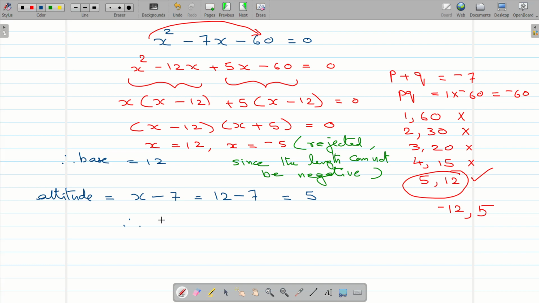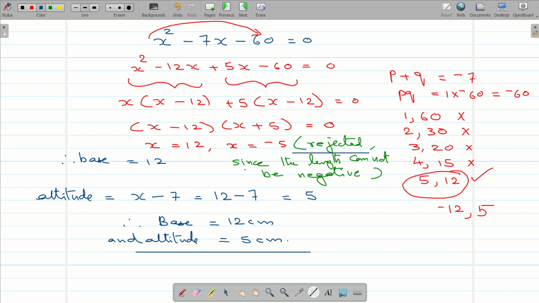Therefore our final answer is, the base is equal to 12 centimeters and altitude of the right triangle is equal to 5 centimeters. It is very important to write the unit centimeters, 12 centimeters and 5 centimeters, and it is also important to give the reason for the rejection of x is equal to minus 5.